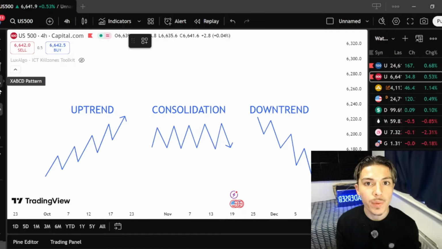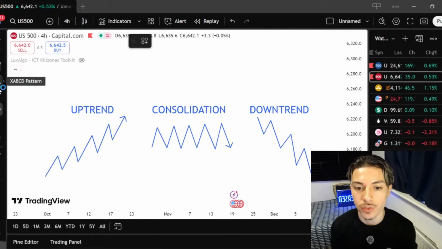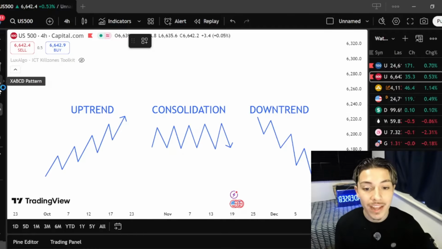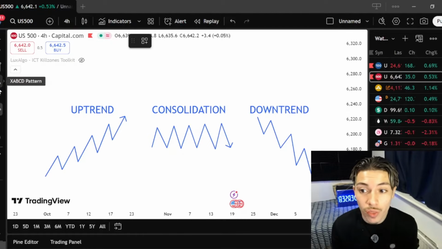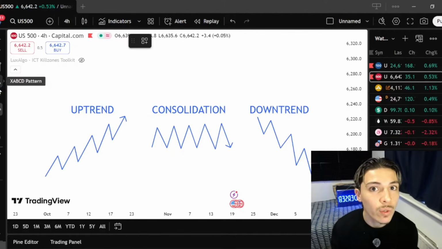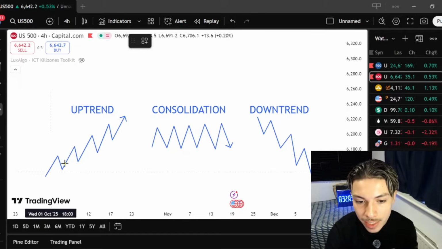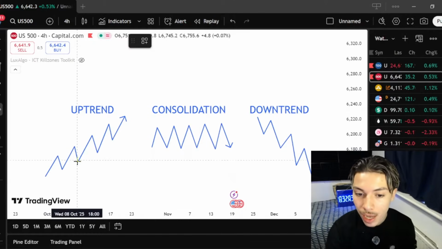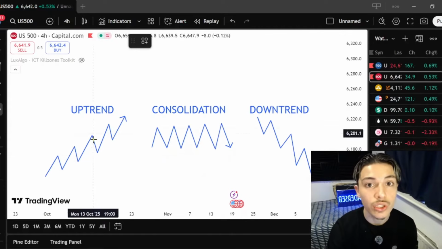Okay, so right here we have the three phases that the market goes through. We can see we have uptrend, we have consolidation, and we have downtrend. These are pretty much the three ways that the market is going to move. Now, what I'm going to do is run you through how to identify liquidity. As we can see in this uptrend, we are forming higher highs and higher lows, and so on and so on.